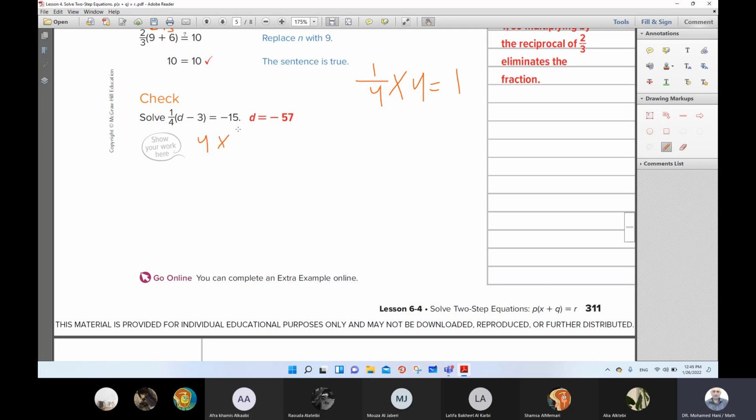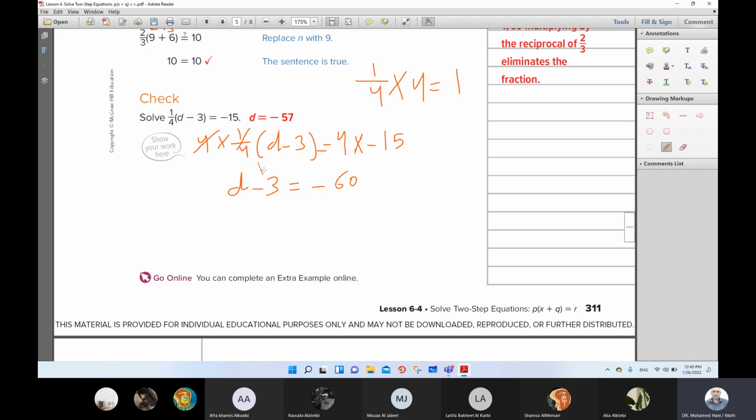4 times 1 over 4, multiplied by parentheses d minus 3, equal 4 times negative 15. 4 multiplied by 1 over 4 will be 1 times d minus 3, which is d minus 3, equal the second side, 4 times negative 15 will be negative 60.